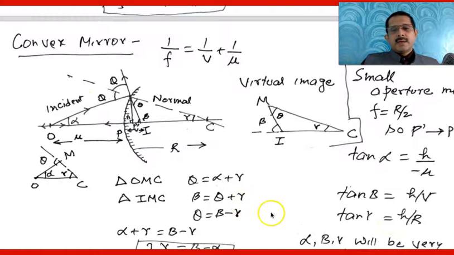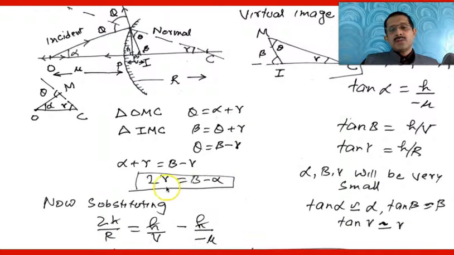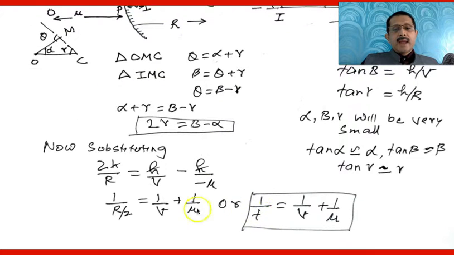Now if I substitute by simultaneous equations, I will get 2 gamma is equal to beta minus alpha. One more thing, alpha, beta, gamma will be very small, so tan alpha is approximately alpha, tan beta is beta, and tan gamma is gamma. If I substitute the values here and manipulate it a bit, I can cancel h, and minus and minus will become plus.